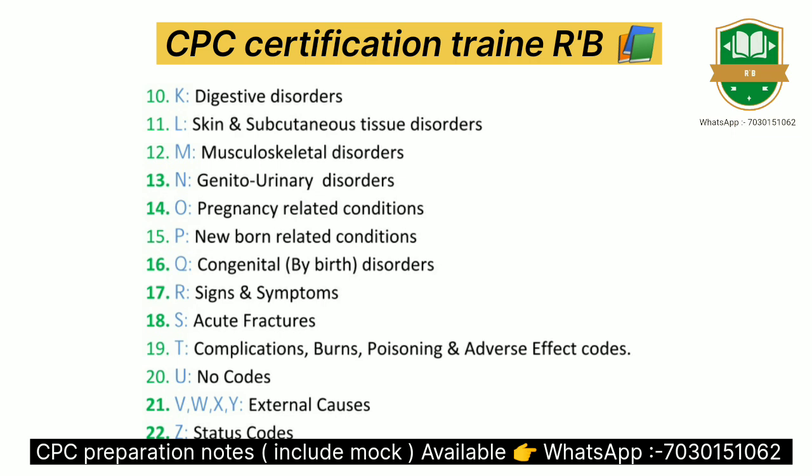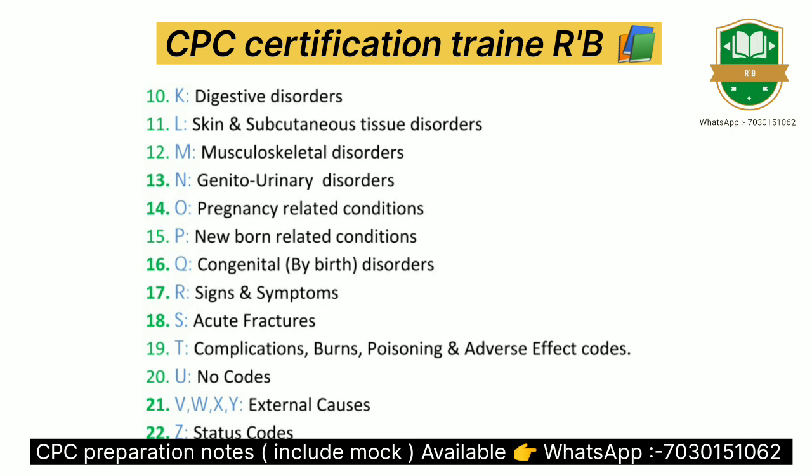Then certain conditions originating in the perinatal period, P00 to P96. Congenital disorders, Q00 to Q99. Then signs and symptoms, R00 to R99. Then injury and poisoning, S00 to T88. Then external causes of morbidity, V00 to Y99.